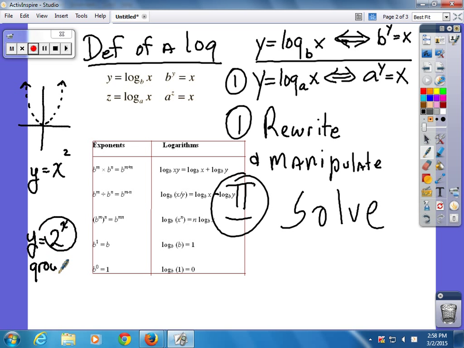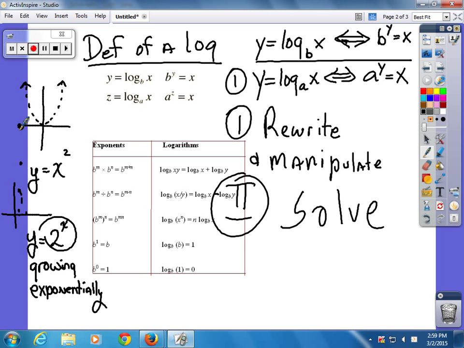You ever heard of growing exponentially? Think about it. 2 to the first is 2. No big deal. A little graph here. 2 to the 2. 2 to the third is what? 8. 2 to the fourth is 2 to the fifth is 32. See what it's doing?